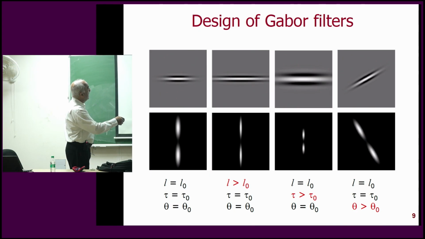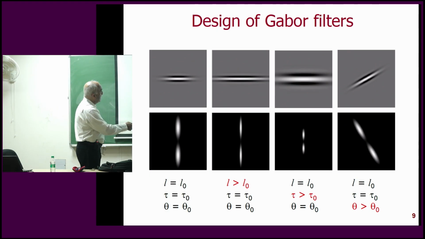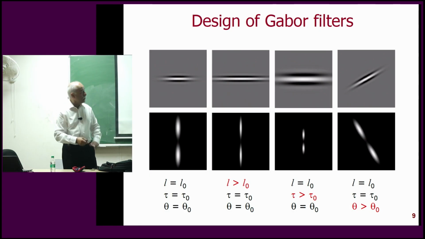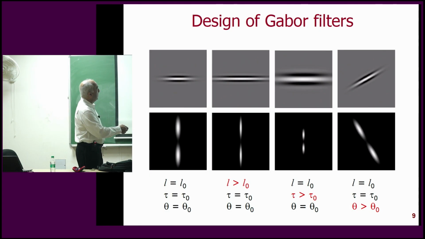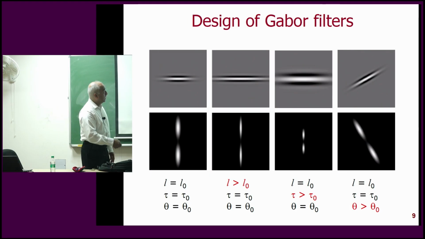If you increase L, it becomes longer, it's stretched, and this becomes thinner. The bandwidth is reduced. Same center frequency. If you make the thickness larger, the filter moves to a lower frequency band. So frequency shift can be achieved by tau.